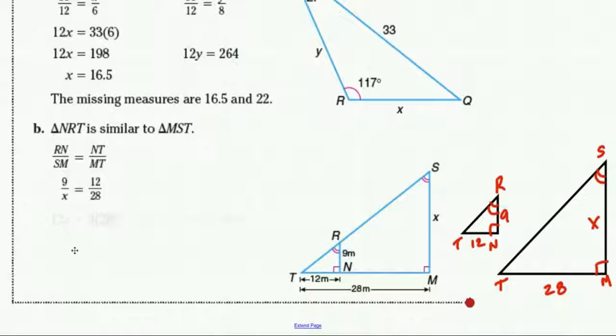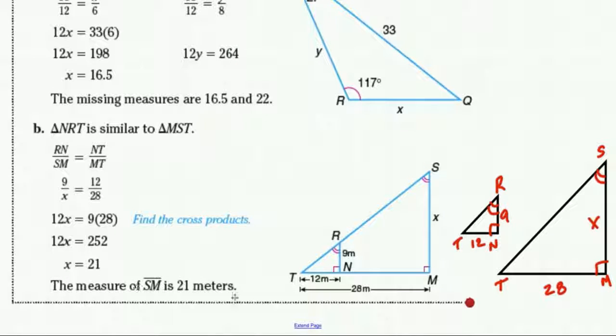Using cross products, this becomes 12x equals 9 times 28. We end up with 12x equals 252, and divide both sides by 12, you end up with 21. So the measure of side SM is 21 meters.